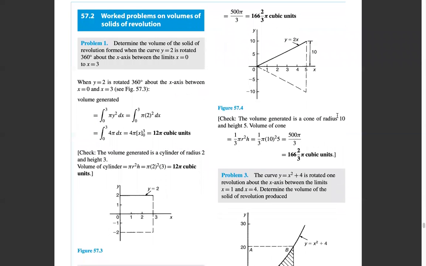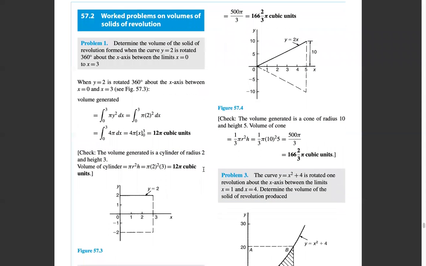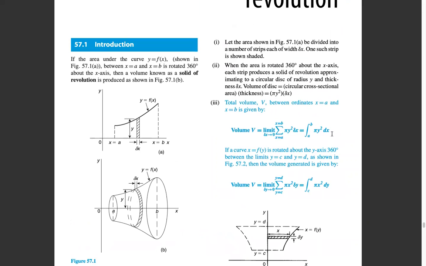So look at this problem here. Solid of revolution from the curve y equals 2. The curve y equals 2 is always a straight line, which this is here. If you rotate around the x-axis, it's pi y squared dx.